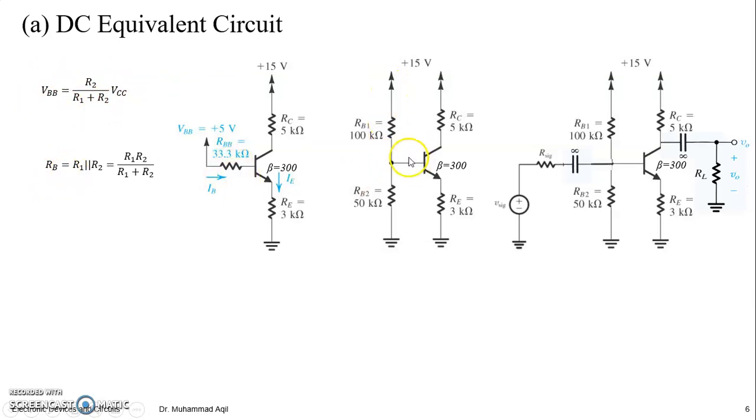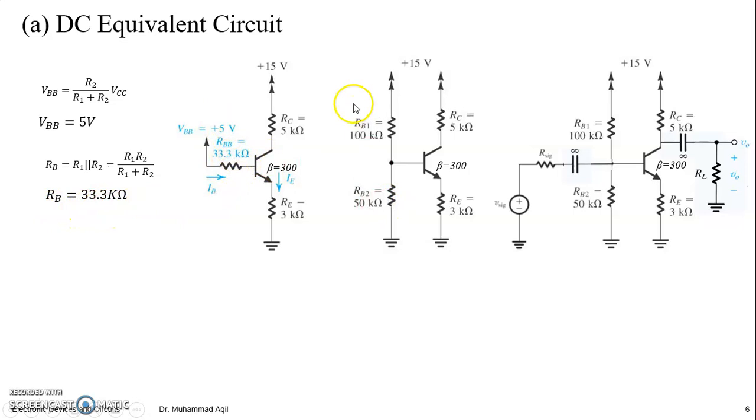Because when you Thévenize, you have a parallel combination of these two resistances named as RBB, and at this point the voltage VBB will be the voltage across this. So R2 divided by R1 plus R2 times VCC, right? So for these values, it would be found that VBB is 5 volt and RBB is 33.3 kilo ohm, written here already, right?